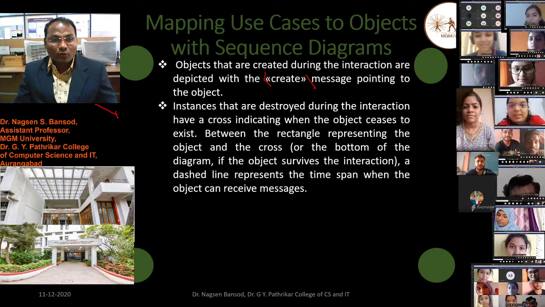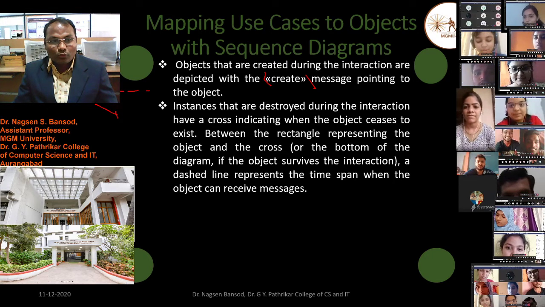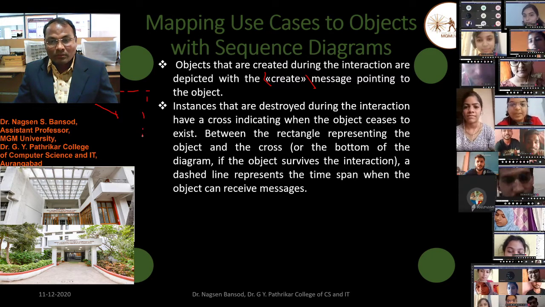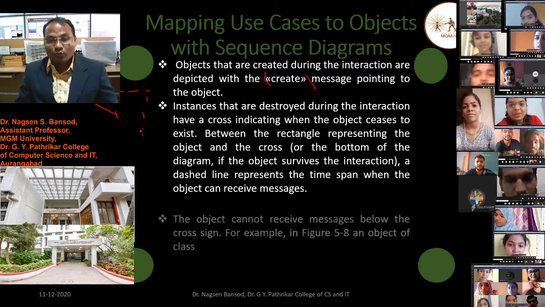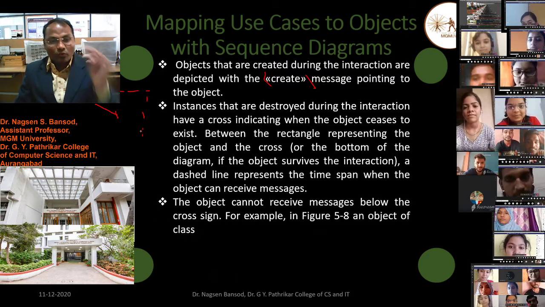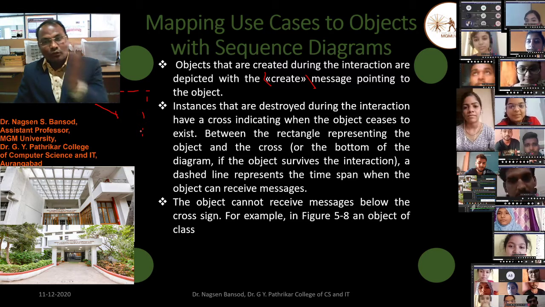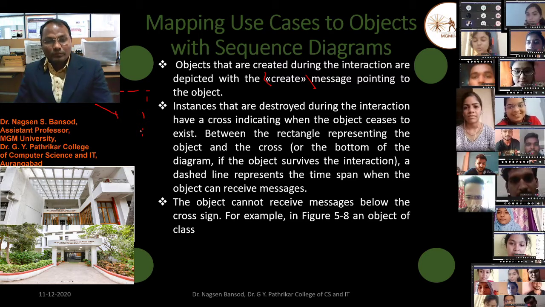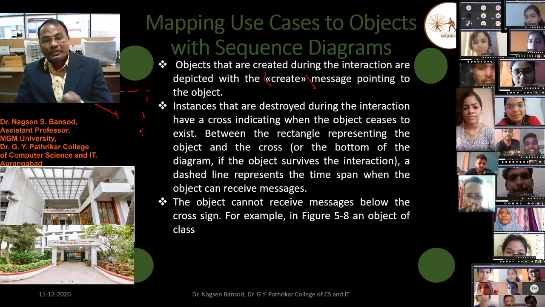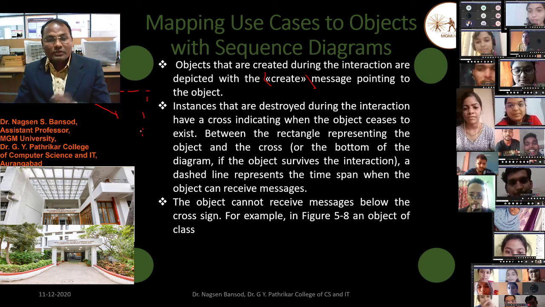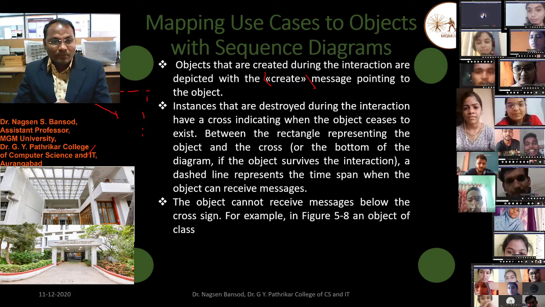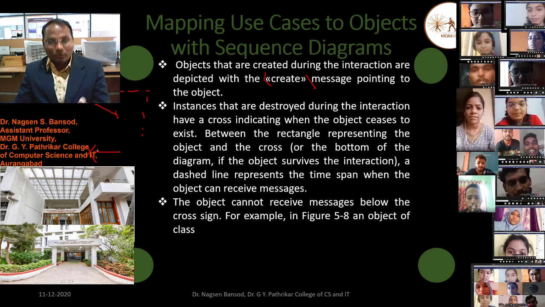There is a dotted line to represent the time span to receive messages from one object to another. The object cannot receive messages below the cross sign.